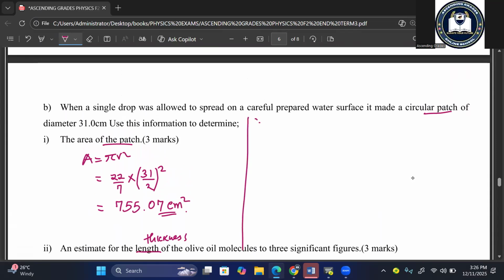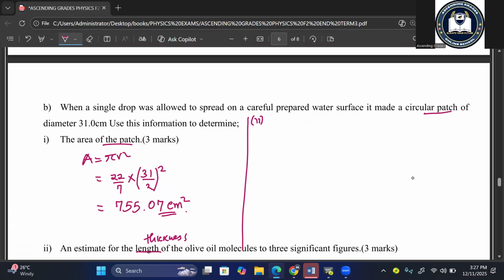So we know that the volume of the oil drop is given by... there is something missing.